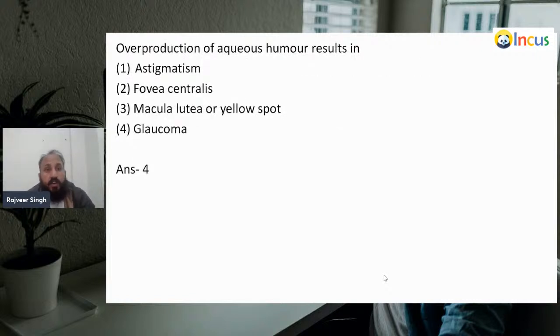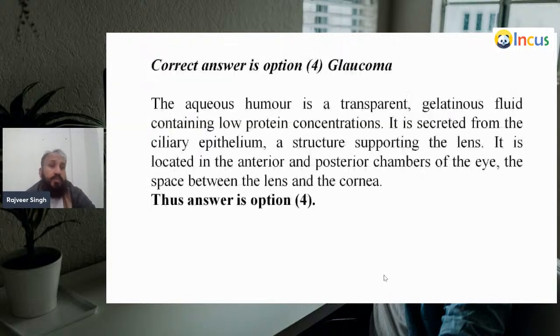Next question: overproduction of aqueous humor results in astigmatism, fovea centralis, macula lutea or yellow spot, or glaucoma? The answer will be glaucoma. This is a very simple answer, but some students may not know about glaucoma, so here I would like to say about it.